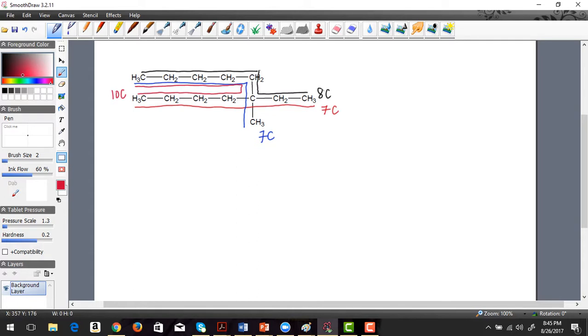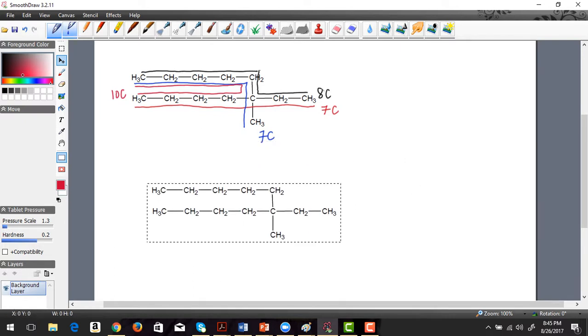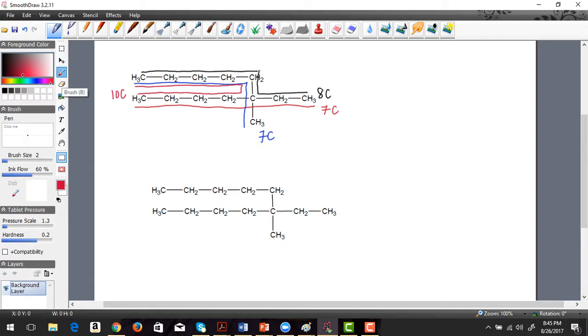So let's bring back the compound one more time, just like we did earlier. Okay, now all this is just playing around with the molecule, right? So now we figured out what our longest chain is. The next thing is we have to figure out where to start numbering, right?